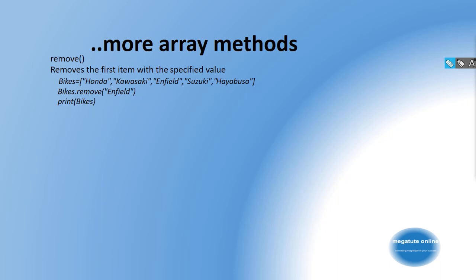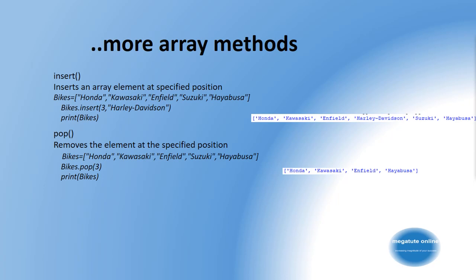All right. Now the difference between pop and remove is that in the pop function we specify the position from where the element has to be removed, and in the remove function we are telling the name.